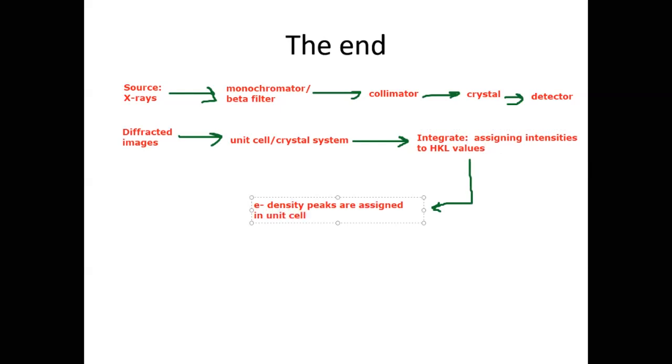So imagine a map where nothing is labeled and you have to go in and assign the different streets, buildings, etc. And then once this is assigned, this is when you solve the structure. So that's the process that we go through.